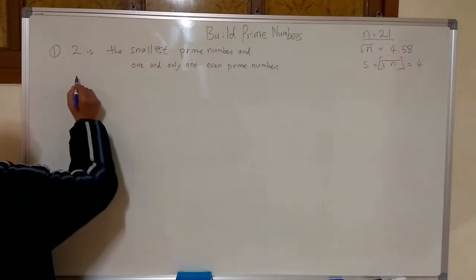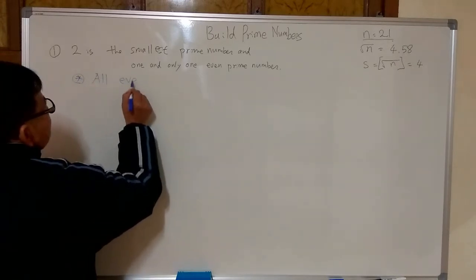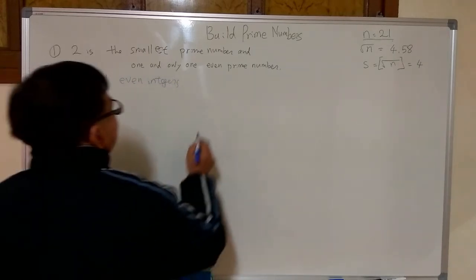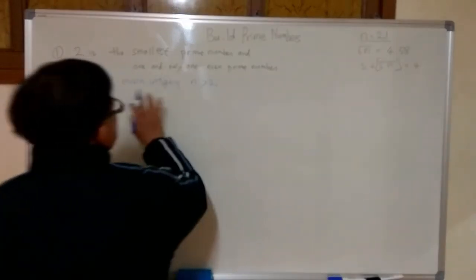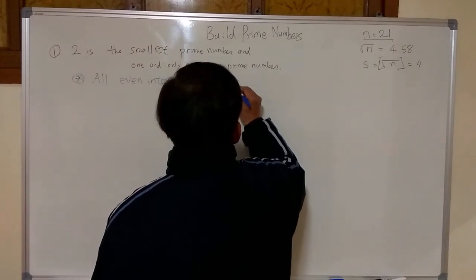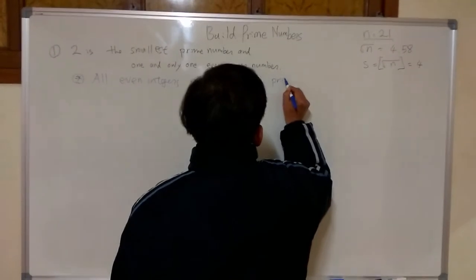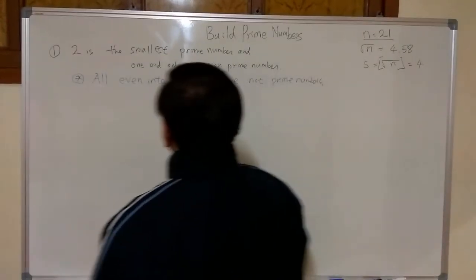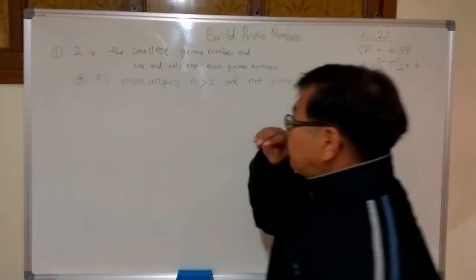It means that all even integers greater than 2 are not prime numbers. So in our algorithm, we will skip all even numbers greater than 2.